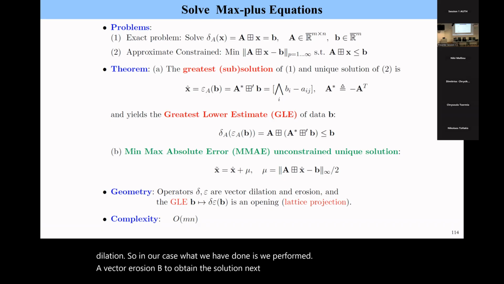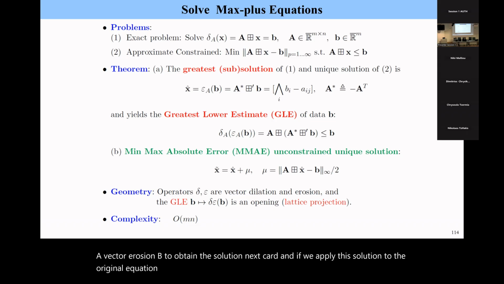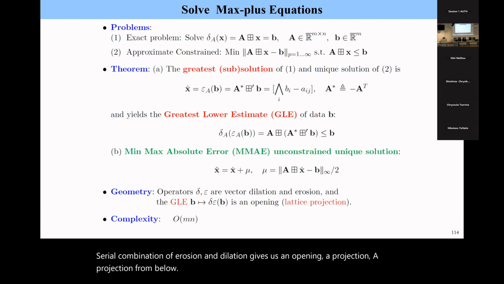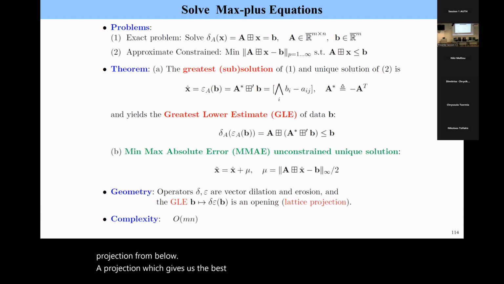and if we apply this solution to the original equation, meaning if we multiply it with the matrix A, which means dilation, well, the serial combination of erosion and dilation gives us an opening, a projection from below, a projection which gives us the best approximation of the vector b from below.